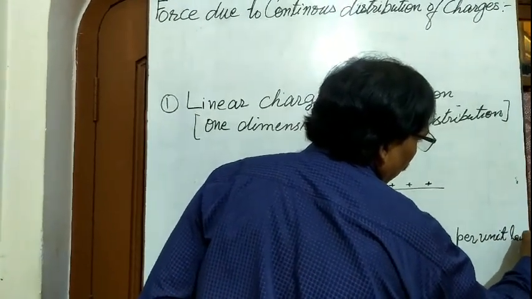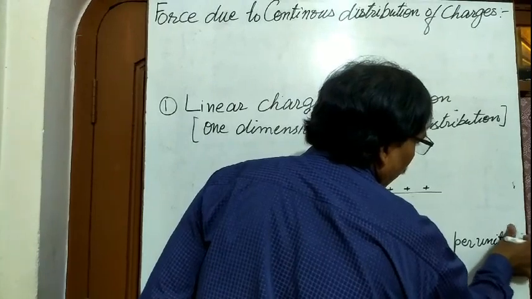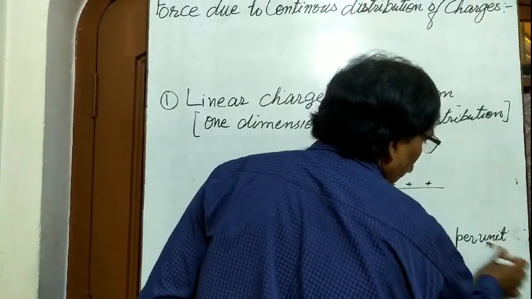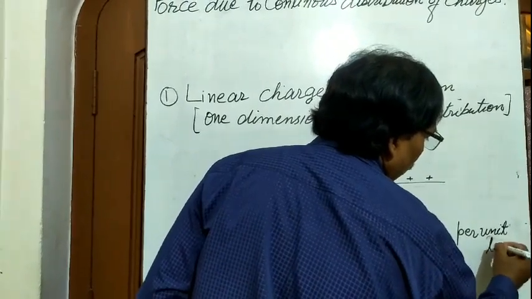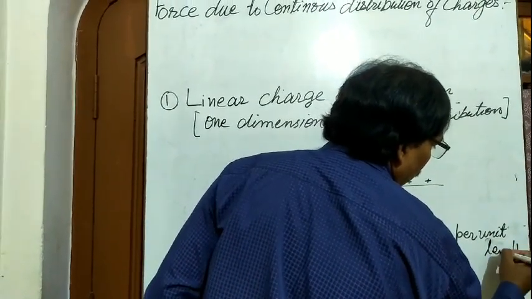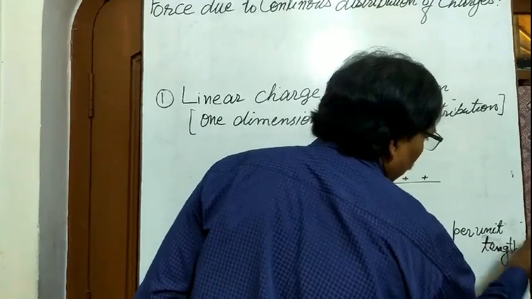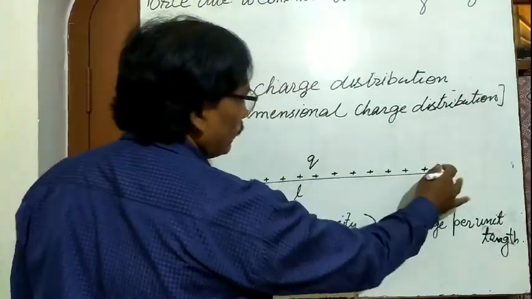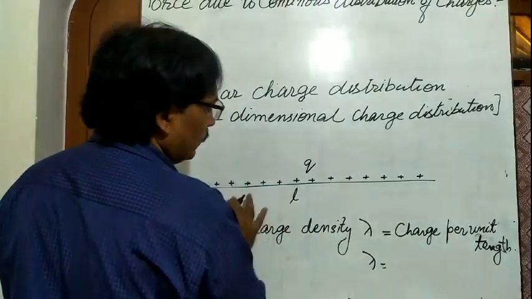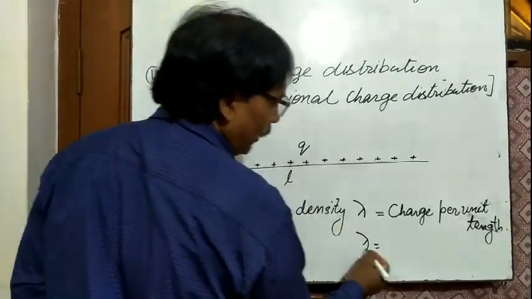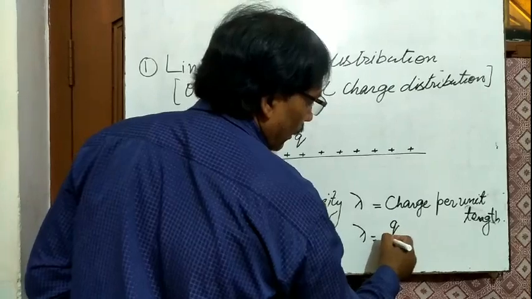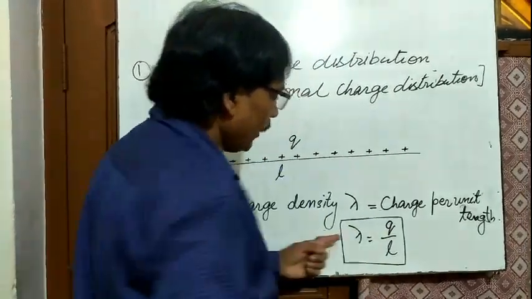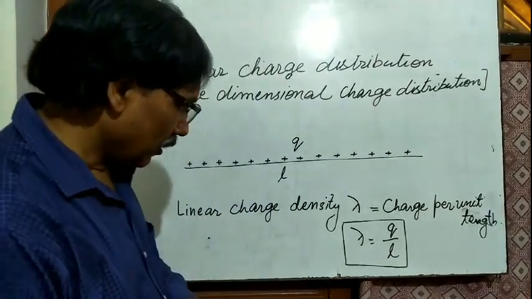Here Q charge is distributed on this wire of length L, so lambda is equal to Q by L.